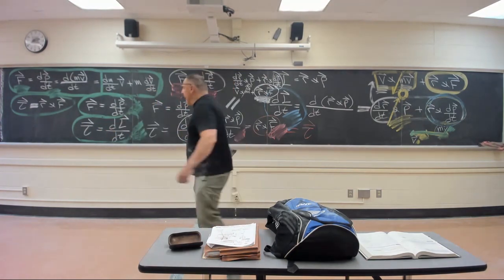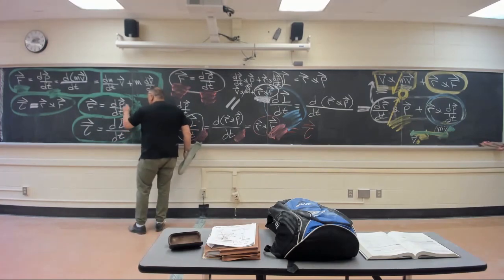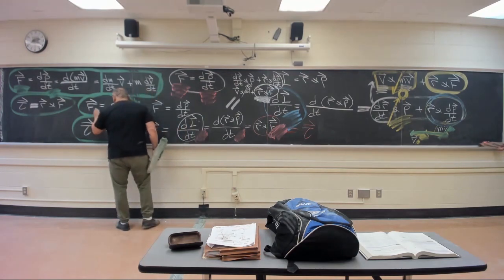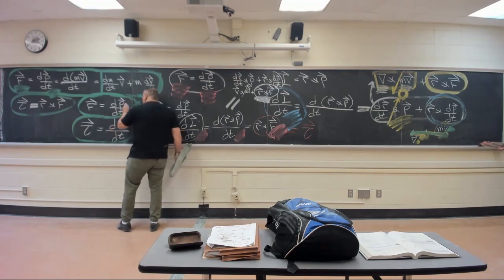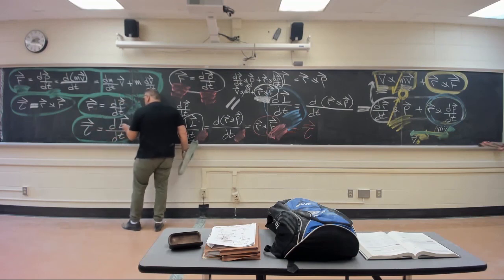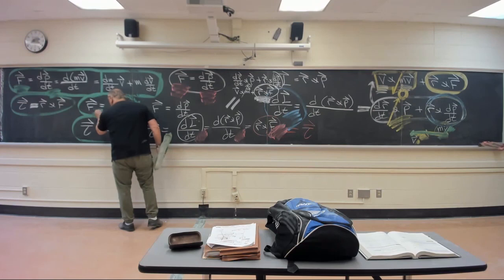Wow. L vector and P vector look a lot alike. This is angular momentum. This is linear momentum. This is torque. This is force. The first derivative with respect to time of linear momentum is force. The first derivative with respect to time of angular momentum is torque.